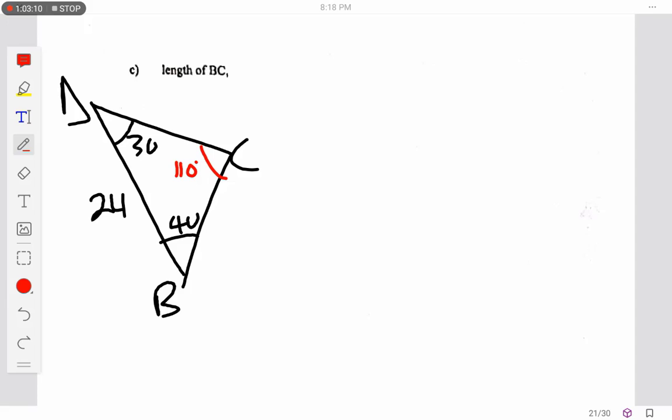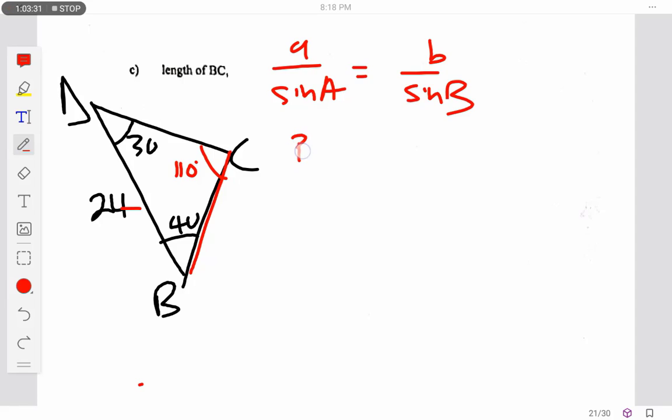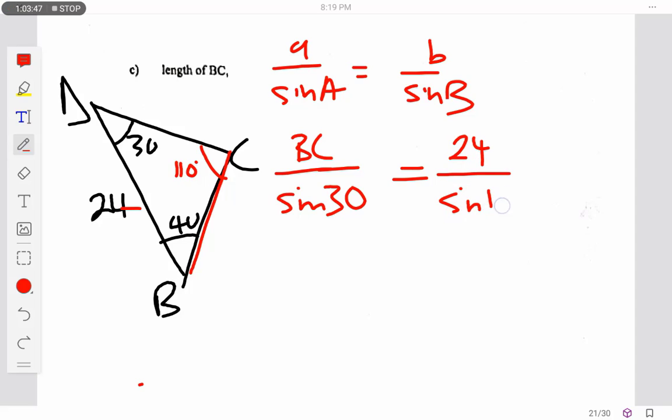With that information, I can find BC using the sine rule. I can say a over sine A is equal to b over sine B. My a is BC, so it's going to be BC over sine 30, the opposite angle, is equal to my b: 24 over sine 110 degrees.